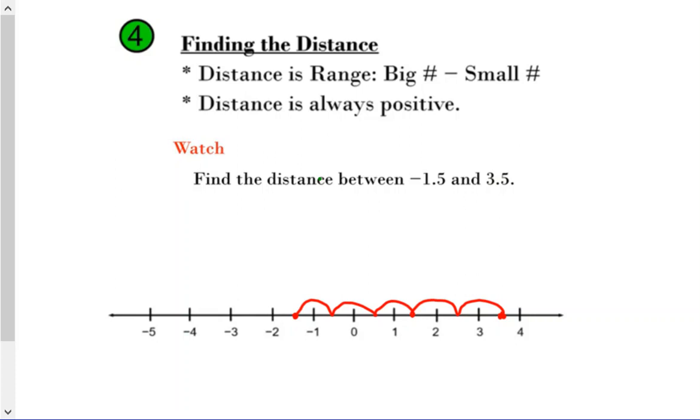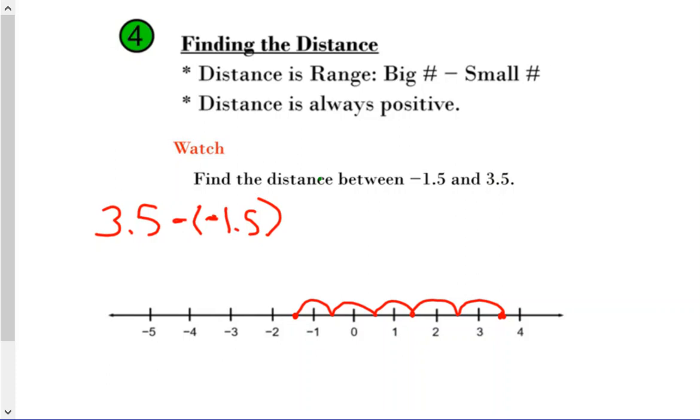And we can also do this as a mathematical problem. And if we remember our notes, these two have different signs. So we have a negative and a positive. So we're going to subtract, and we're going to keep the sign of the larger number. So if we set this up, it's going to look like 3.5 minus a negative 1.5.